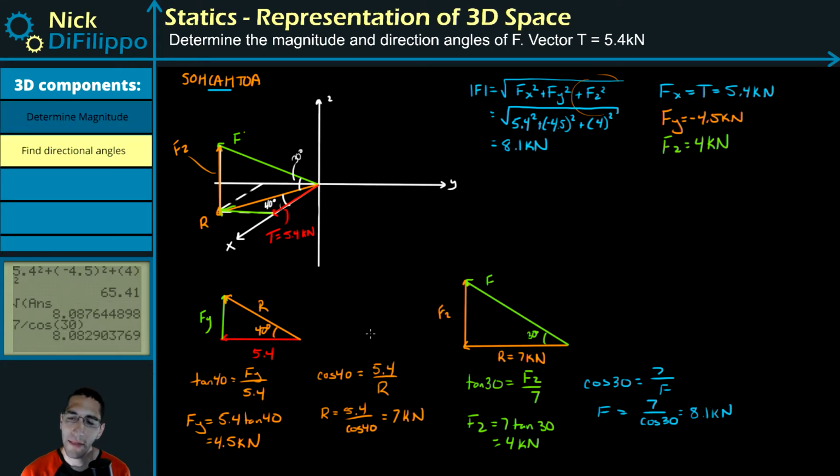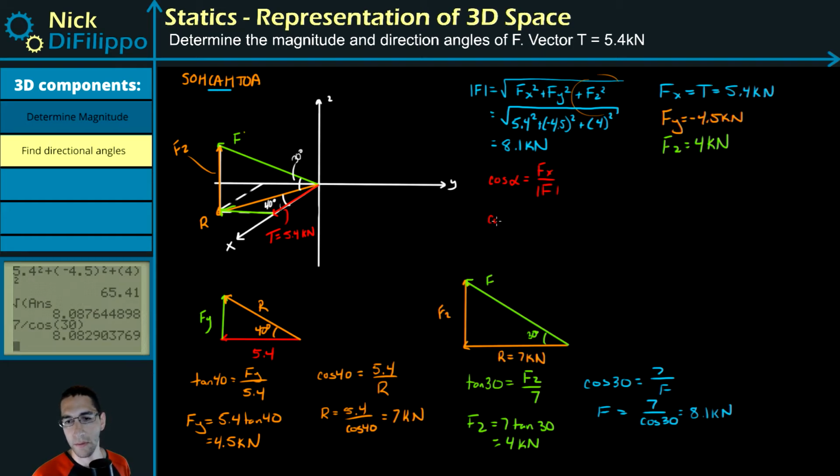All right, so now that we figured out the magnitude, how long f is, 8.1 kilonewtons, we want to figure out the directional cosine angles. I have a few equations. I have the cosine of alpha is equal to fx over f, the magnitude of f.